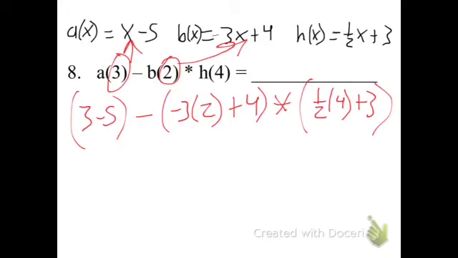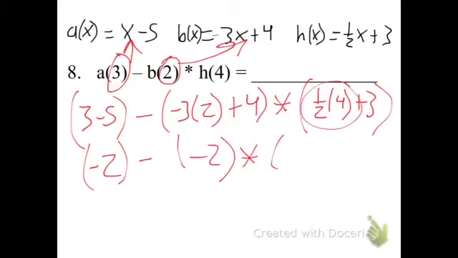Well, 3 minus 5 is negative 2, and we gotta subtract. Remember that you gotta do all this multiplication first. Do what's in the parenthesis first, so you don't mess up your signs. This is gonna be negative 6, and you have to add 4 on that, which is gonna be negative 2. And then 1/2 of 4 is 2, add 3 is gonna be 5.